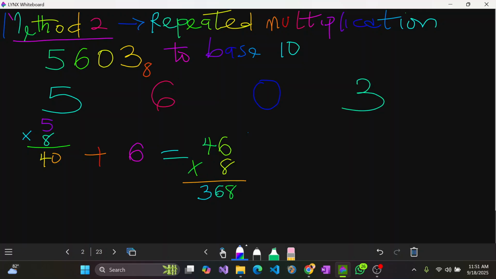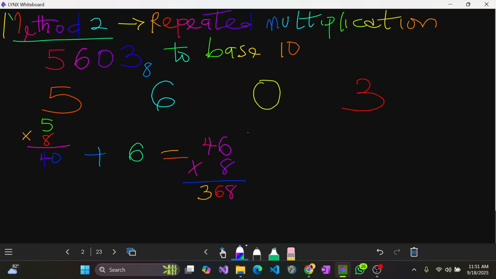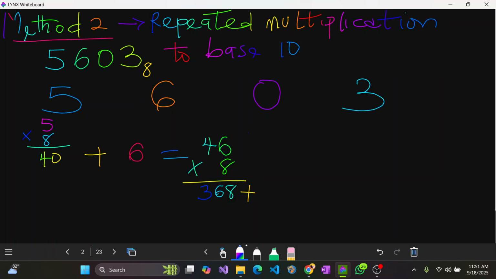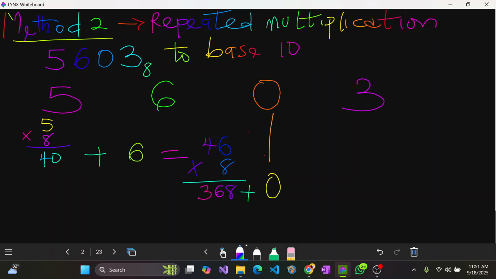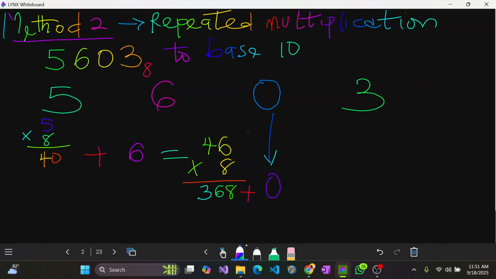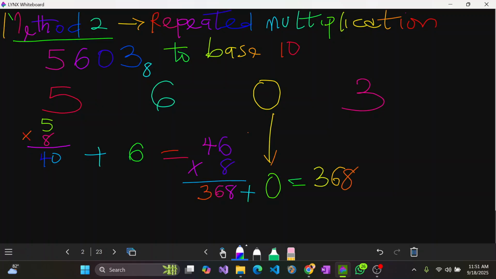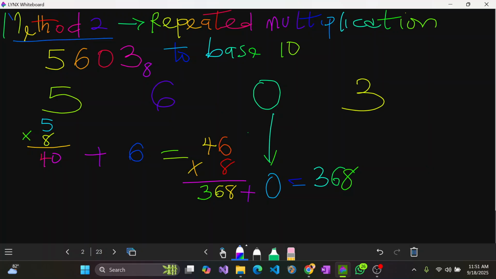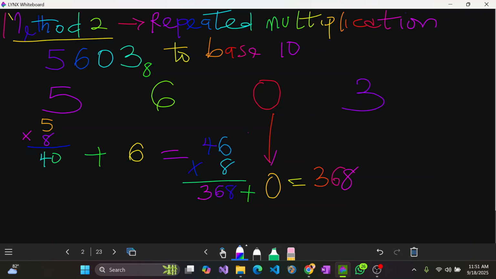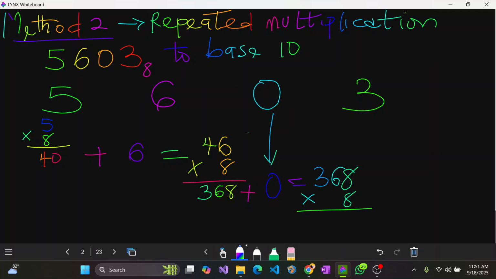We are going to repeat the same procedure. To 368, we add 0, because that's the next digit that we have. So 368 plus 0 still results in 368. Then we repeat the same procedure by multiplying 368 times 8 again, which gives us 2944.